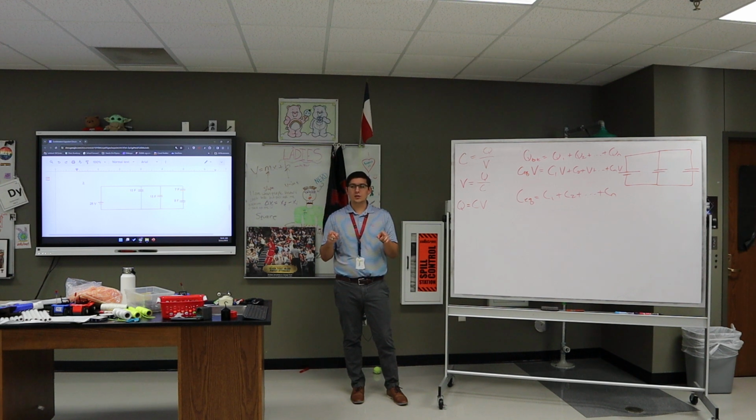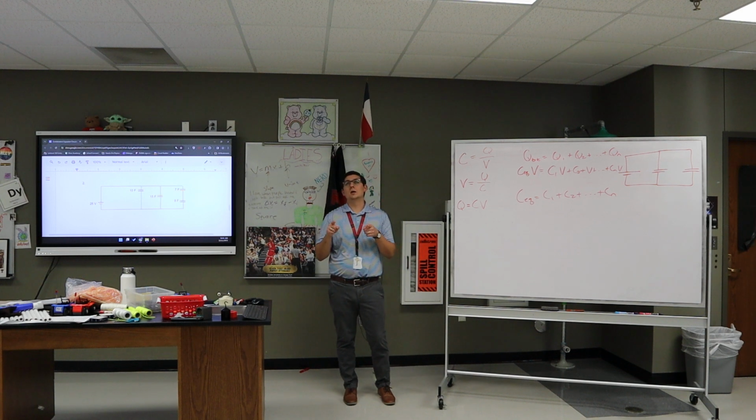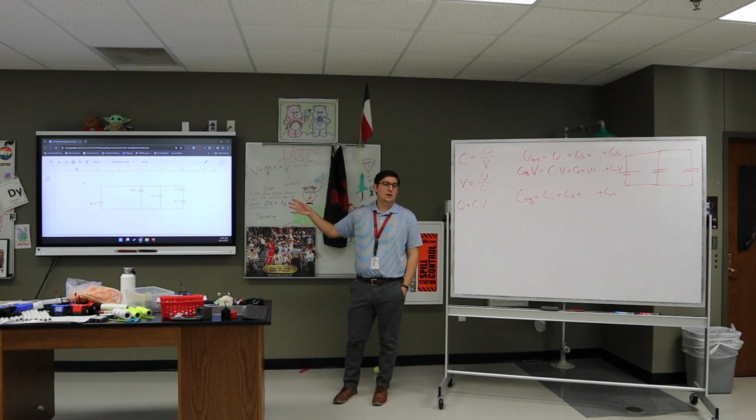When they're all in series, they all have the same charge and the voltage adds. When they are in parallel, they'll all have the same voltage and the charge will add. Those principles need to be things that you remember because that's really what will help you puzzle these kinds of things out, is knowing those pieces of information. Other than that, you're just going to have to get experience solving these out.